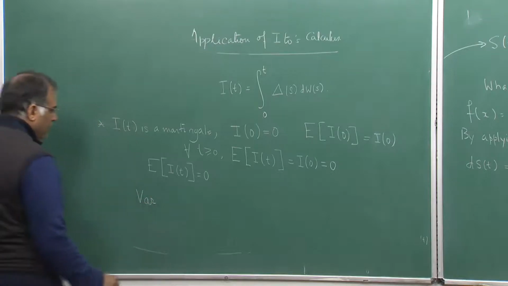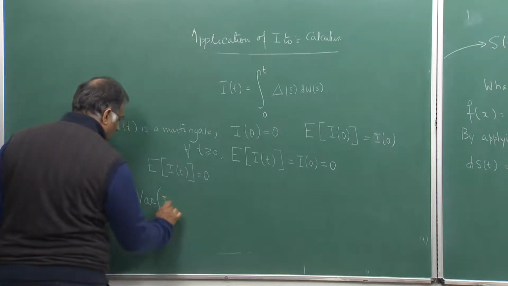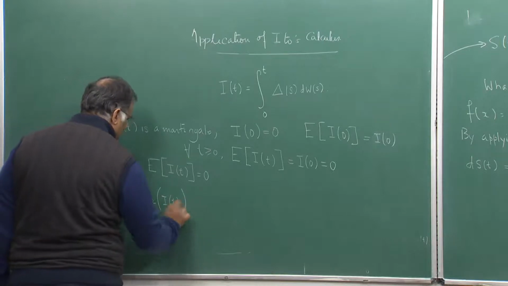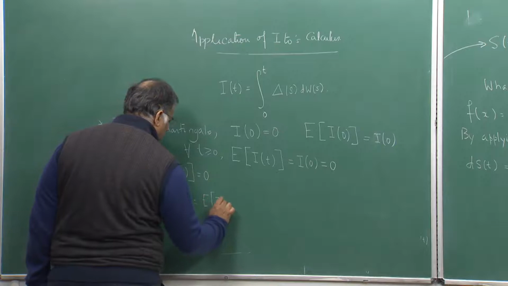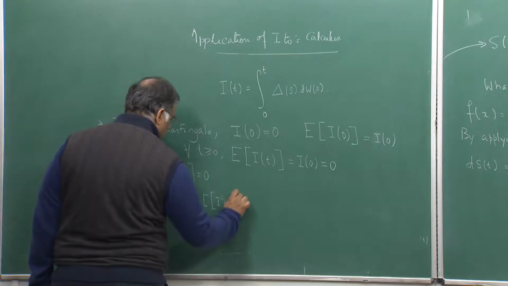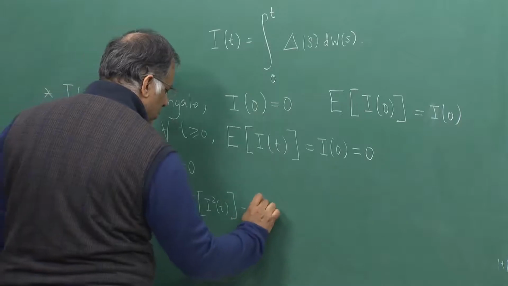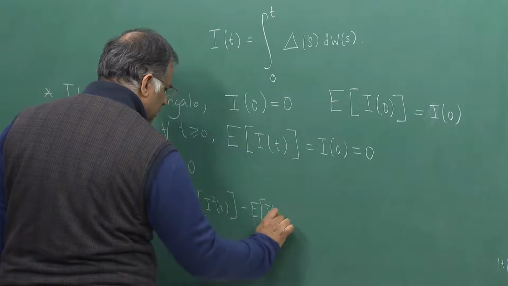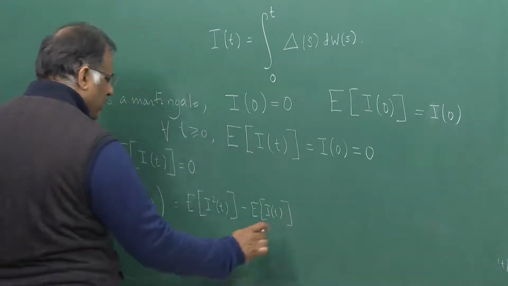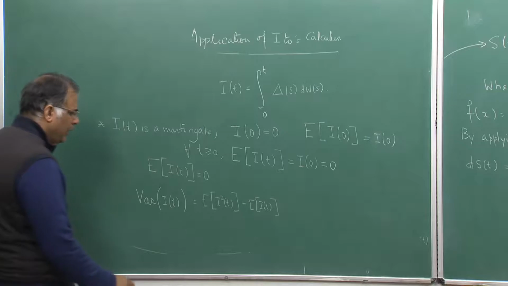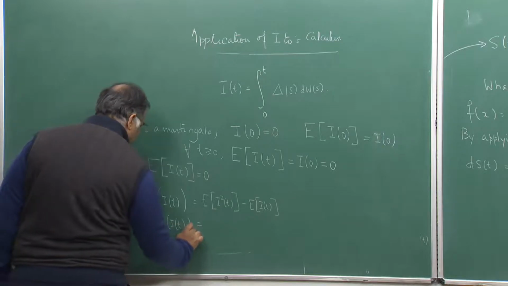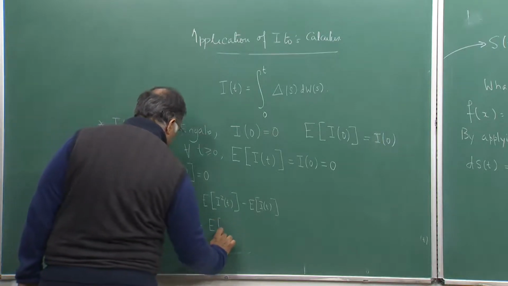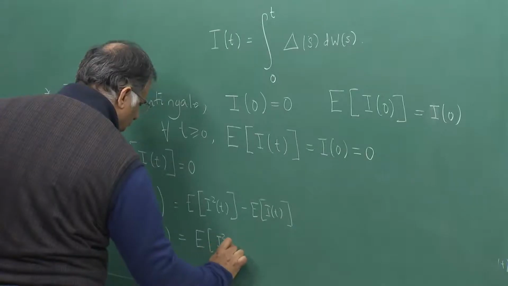Now the question would be, what is the variance of the Ito integral? The variance of the Ito integral is nothing but the expectation of I_t squared minus the square of the expectation of I_t. But the expectation of I_t is 0, so basically the variance of I_t is equal to the expectation of I_t squared.